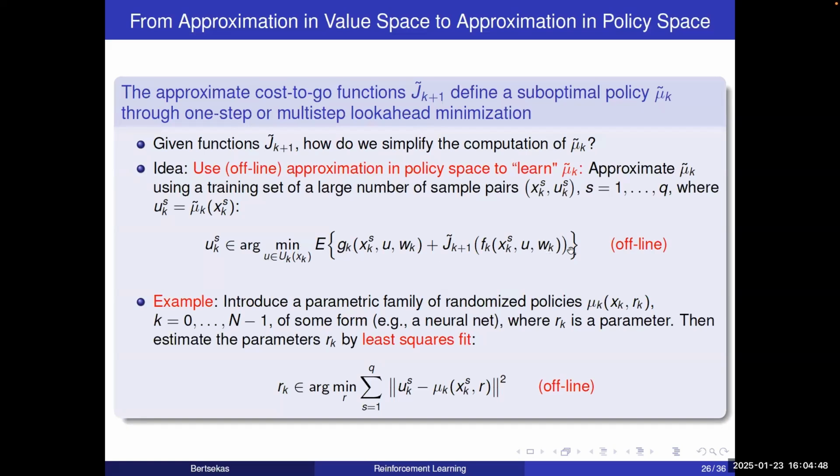For example, if we have 10 different controls to select, that means we need to calculate 10 different expectations. This expectation may cost, let's say, 2 seconds, whereas in an autonomous vehicle, you have only 2 milliseconds to react. That's too much. So instead of calculating this in real time, we offload this calculation offline.